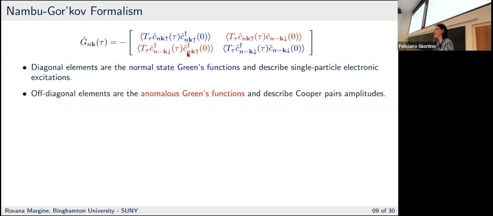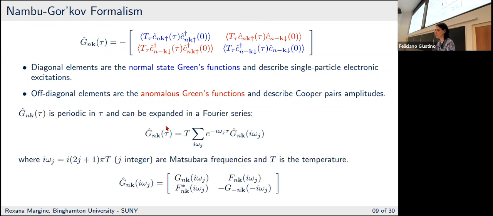And then the non-diagonal terms are called the anomalous Green function, and they describe Cooper pair amplitudes. You can see here that, as I pointed out, the electrons have opposite momentum and opposite spin. Here you destroy, and then you create, let's say, a pair. The key thing is that in the normal state, these off-diagonal elements are going to be equal to 0.